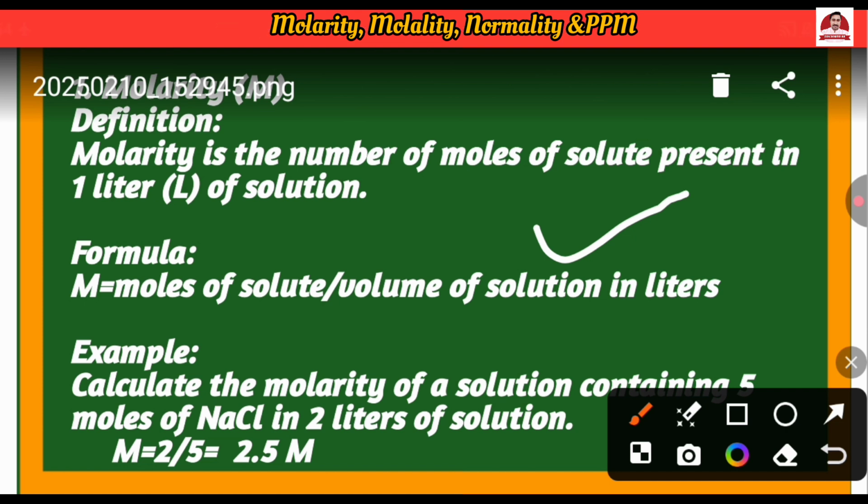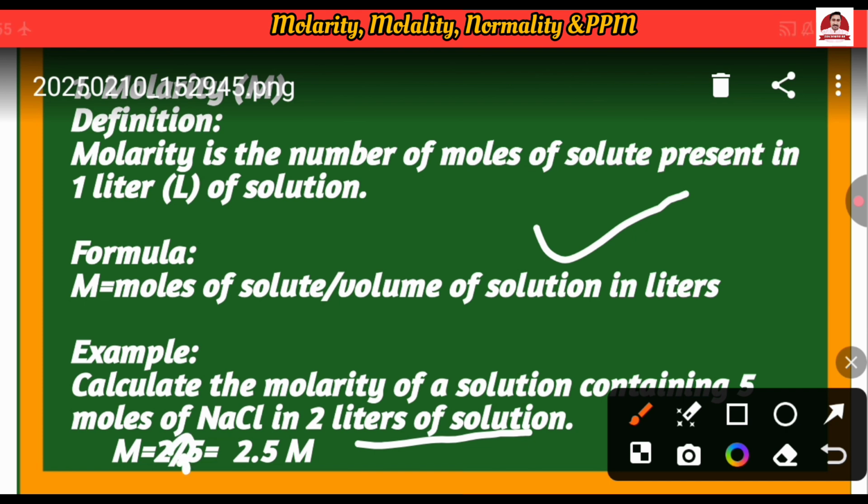Now we take an example: how can we find the molarity of a solution? We can calculate the molarity of a solution containing 5 moles of sodium chloride in 2 liters of solution.